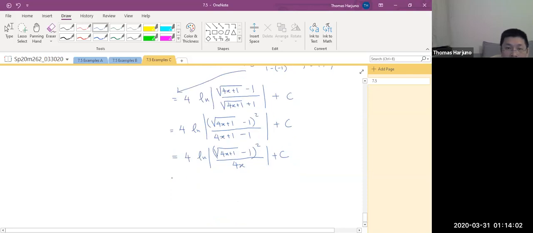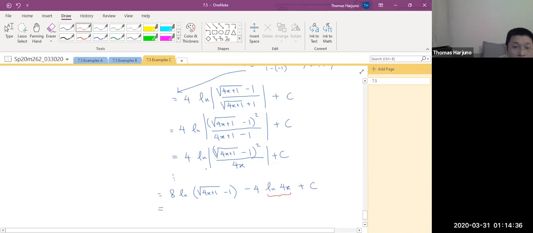So let me fast forward. This will be 8 natural log of the square root of 4x plus 1 minus 1, minus 4 times natural log of 4x plus c. But if you look at the solution manual, you will see that they only write ln x instead of ln 4x.